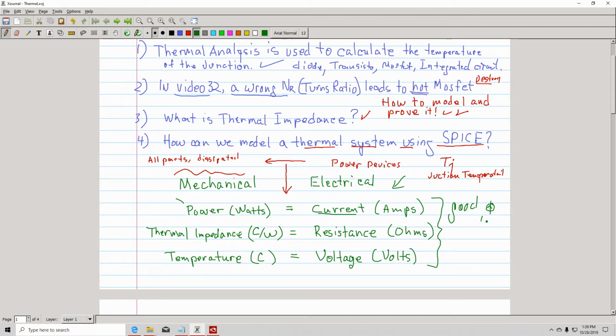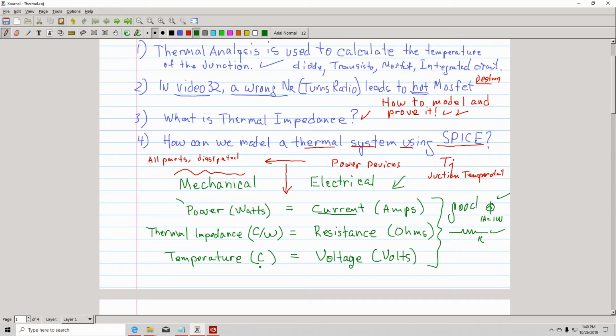If we put in 1 amp, that's really 1 watt. Thermal impedance is Celsius per watt. In our domain, we use a resistor, R, so that we can do it in SPICE.